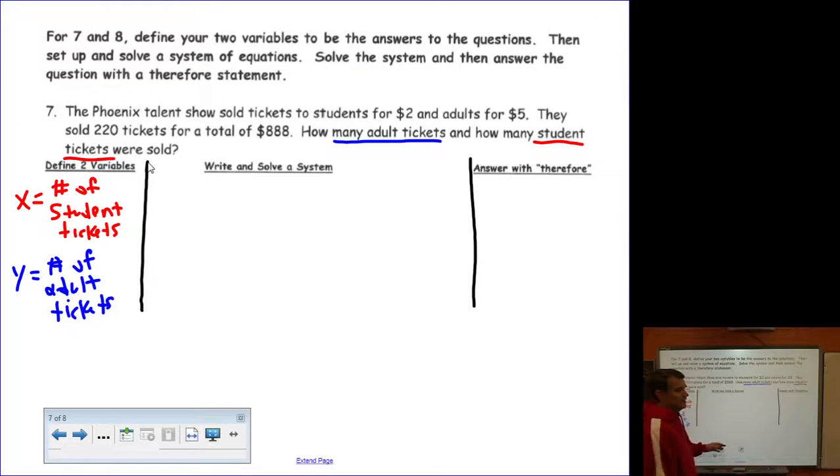Remember that 95% of the time you're going to want your variables to represent the answer to the question. And the question was how many adult tickets and how many student tickets were sold.